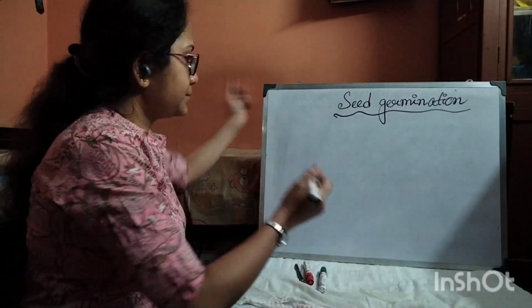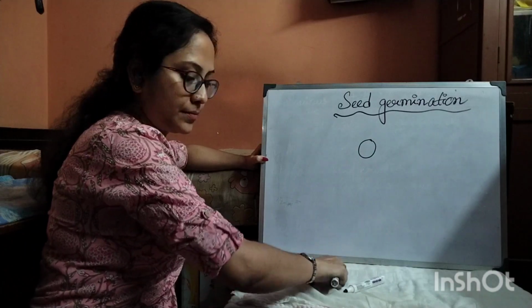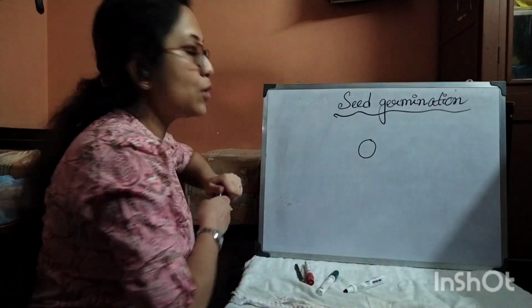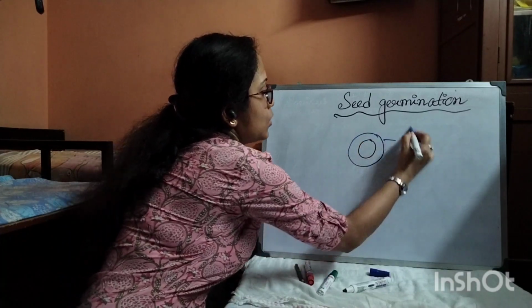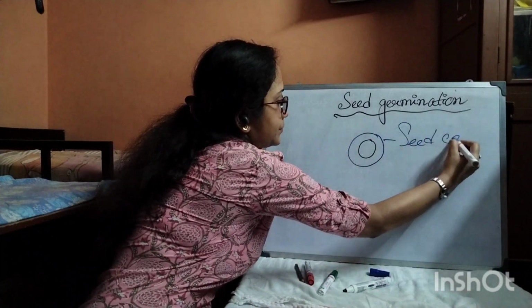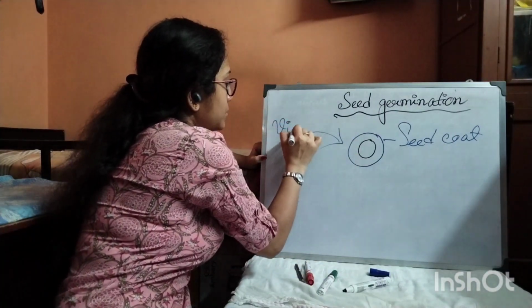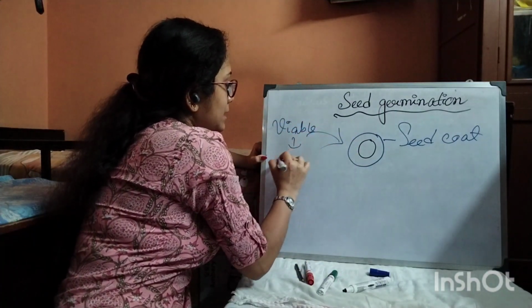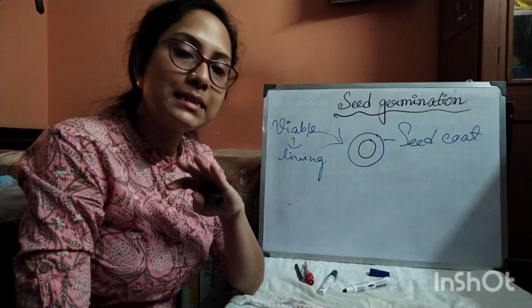for example, if this is a seed and outside of the seed a seed coat is present. What is this? Seed coat. And this is a viable seed, meaning living.